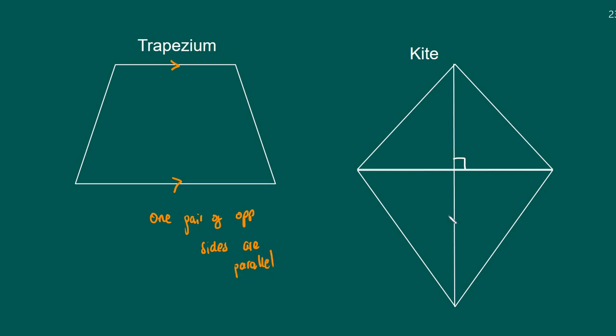This is a good background to know. And then a kite: the adjacent sides are equal. That is one special property about a kite, and the longer diagonal bisects the other one.